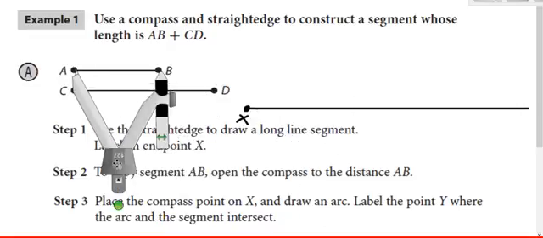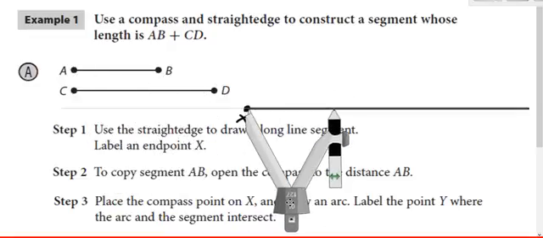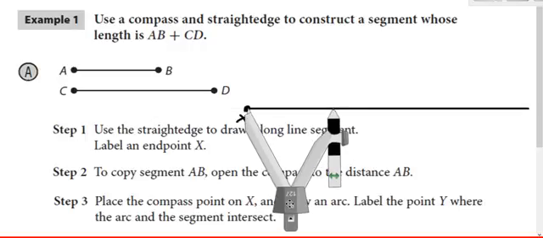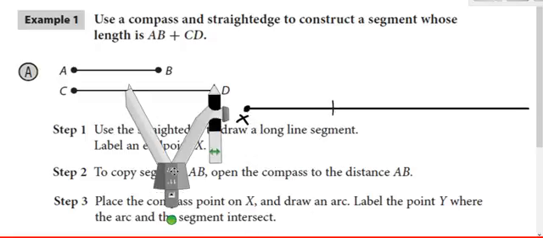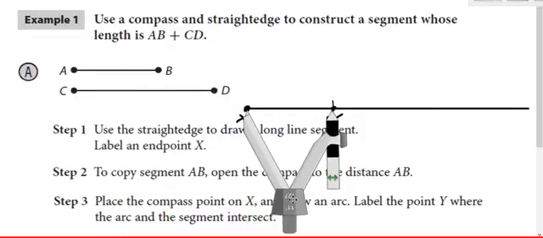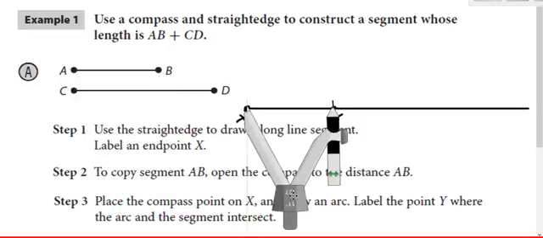So then we're going to mark off that same length over here, starting at X, placing the point on X, and then we'll use the pencil to make a little arc. And we will label that point Y. So now this length XY is the exact same length as AB. There's AB, there's XY, the exact same length.